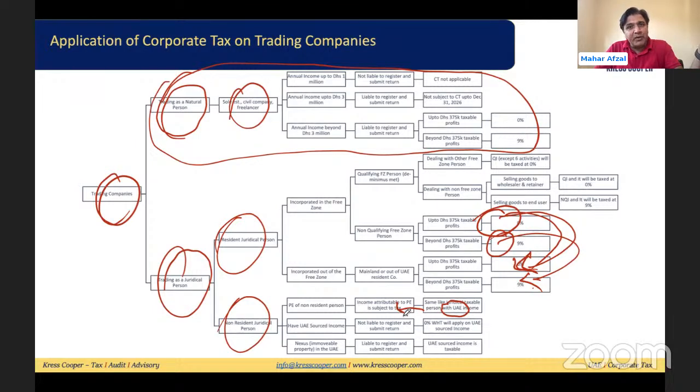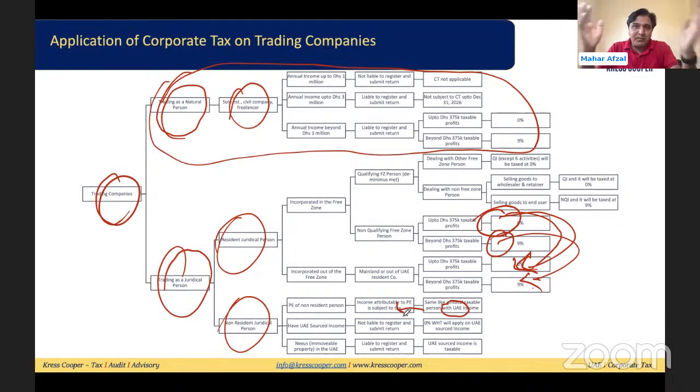The nexus in the UAE means the non-resident trading company has an investment in immovable property in the UAE. If the non-resident trading company has any investment in immovable property in the UAE, it is company to property investment, not investment by a natural person. If this investment had been made by a natural person, it would have been out of scope.